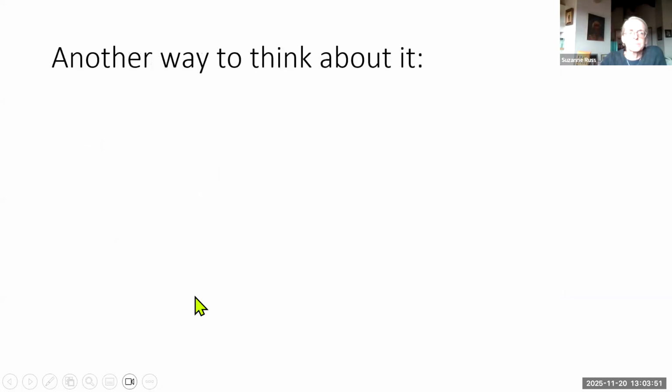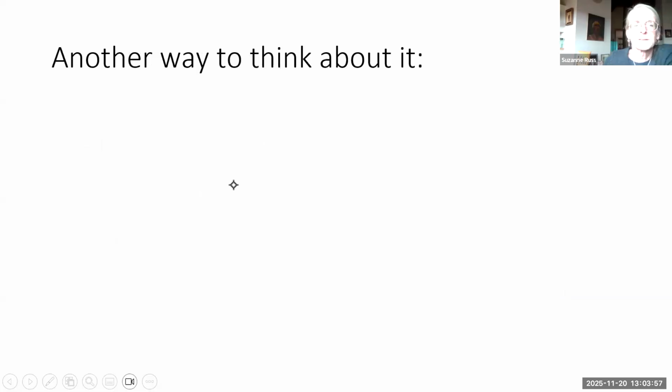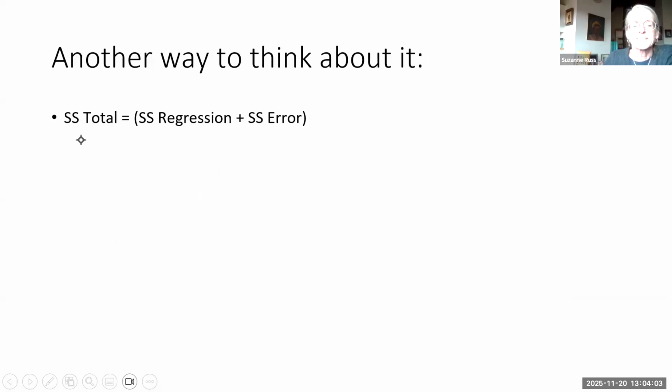And then we take them, and the formula is right here. SS total minus SS error divided by SS total. So SS total is the sum of squares for regression plus the sum of squares for error. We know that.